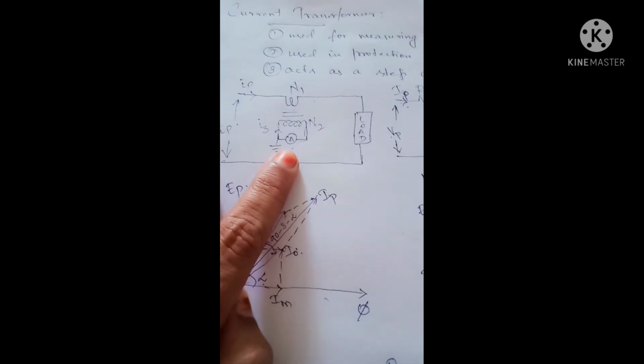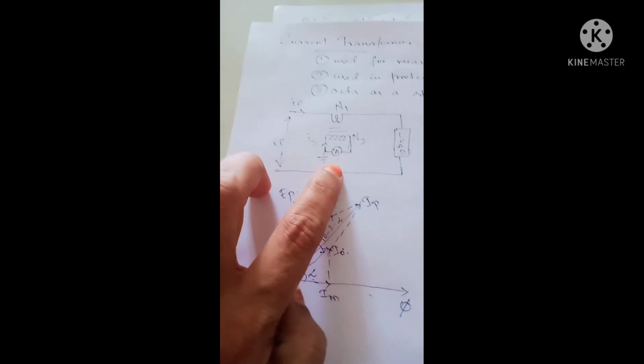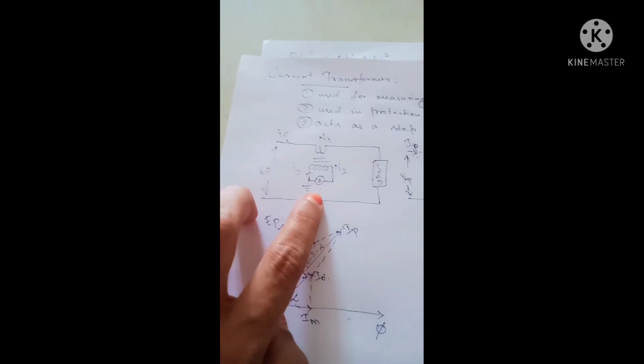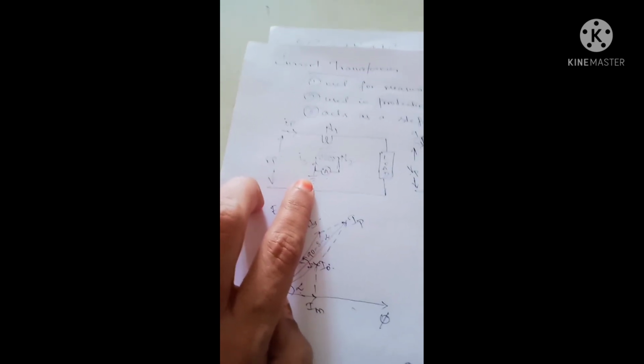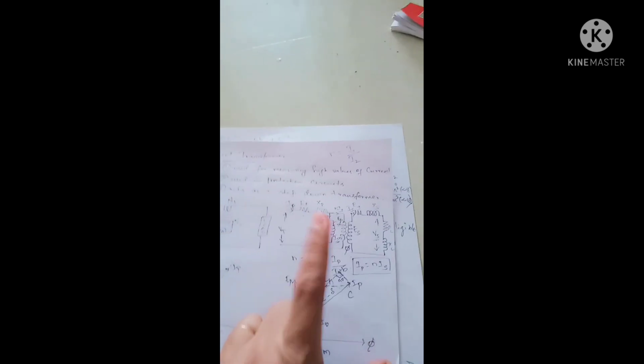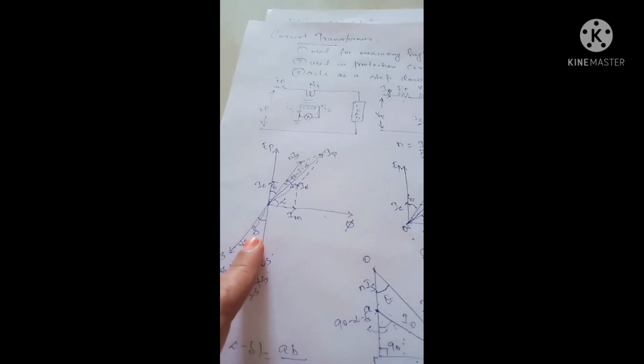Let me summarize. A current transformer reduces the current level to a smaller value so that we can measure even with a small range ammeter. At any condition, the secondary of the current transformer should always be short circuited, and it should also be insulated so that it doesn't cause any damage to the personnel operating in the environment. We drew the equivalent circuit, and from it the phasor diagram.